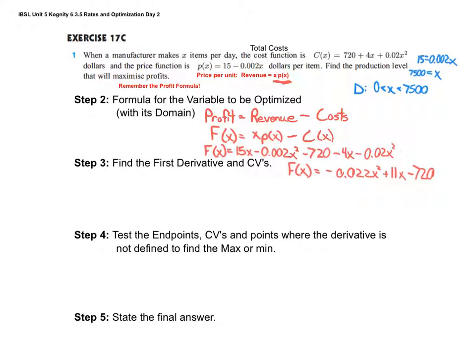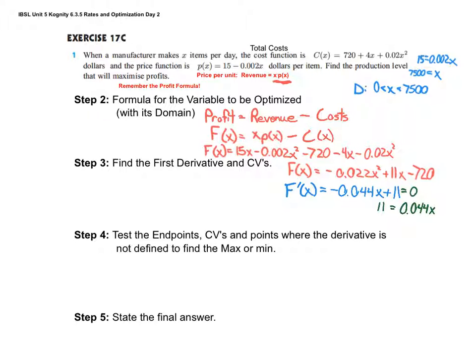Alright, so let's go on and do this part. We've got f prime of x is negative 0.044x plus 11. So there's our derivative. And now we set that equal to 0 and solve it. So 11 equals 0.044x.